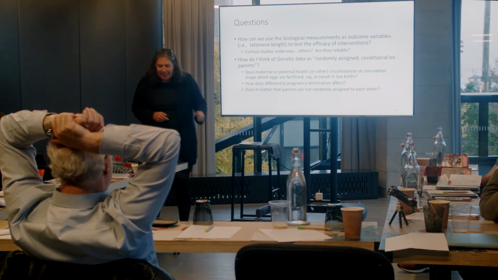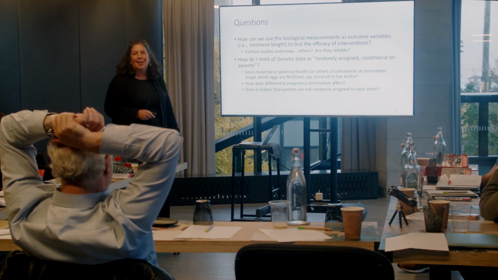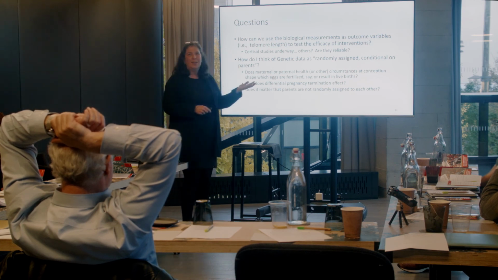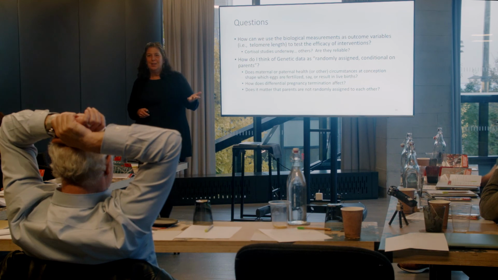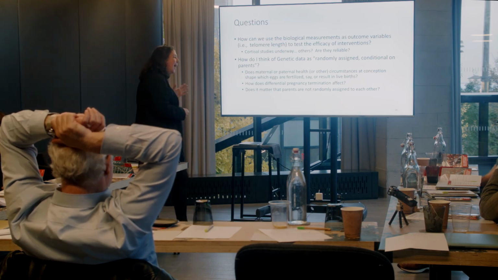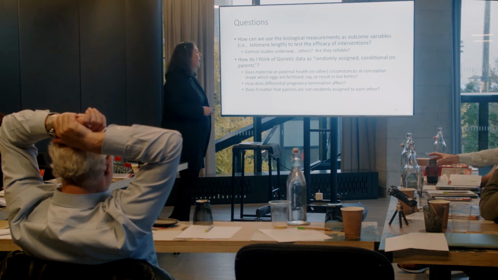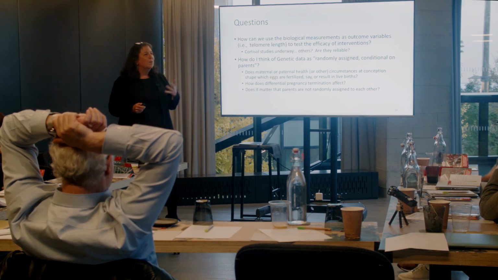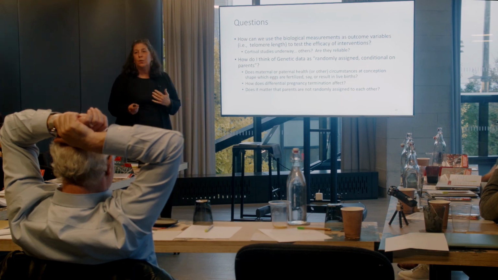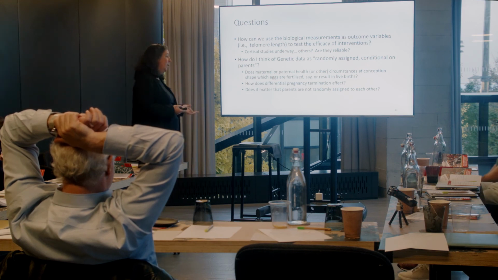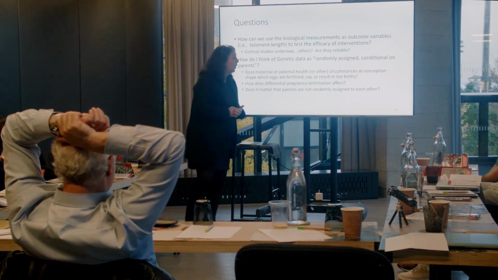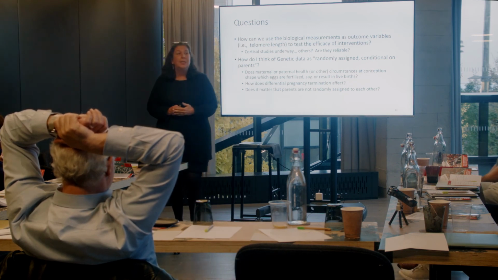I see on a slide it says genetic data can be thought of as randomly assigned, conditional on parents. I mean, what is not to like, right? I want something that's randomly assigned all the time. But in the end, it kept nagging at me. Does maternal or paternal health at the time of conception shape which eggs are fertilized, which ones result in live births? How does differential pregnancy termination affect what we see?